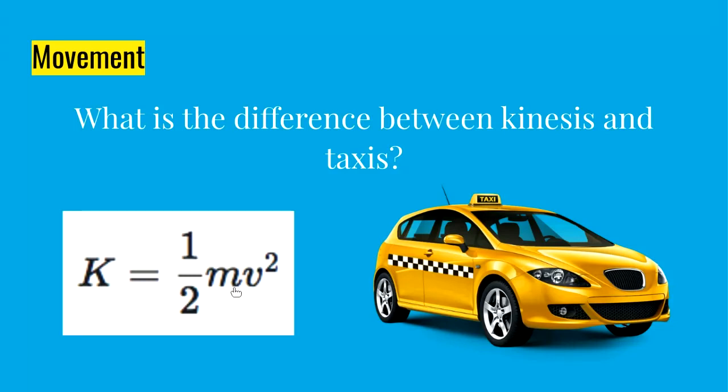So for kinesis, the direction of the velocity doesn't matter if you're squaring it, whether it's positive or negative. It's a scalar quantity. I don't know, this is very physicsy. I don't know if this helps you guys, but it helped me. So kinesis is like kinetic, so to do with speed. Is that helpful? Probably not. Hopefully the taxi is helpful. And then kinetic, just remember that.